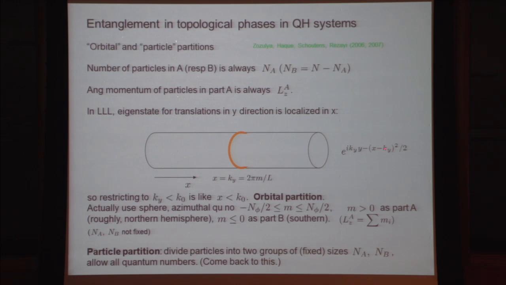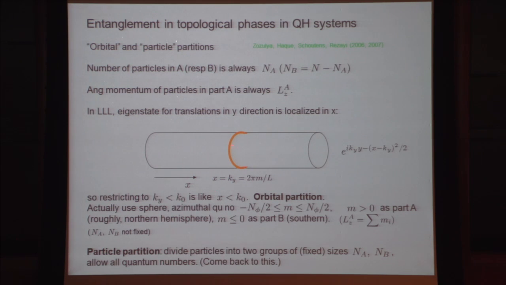And as I increase k_y, this shifts along the cylinder. Because of the periodic boundary condition, k_y is an integer m times 2π over L, so I have a discrete set of states. And you see, position in the x direction is equal to k_y.